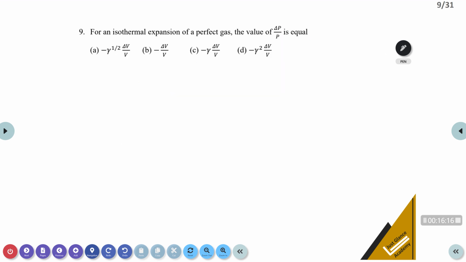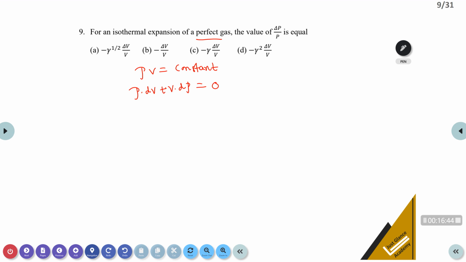Next. For an isothermal expansion of a perfect gas, the value of delta P by P is equal to what? Isothermal means PV equals constant. Then differentiate: P dV plus V dP equals 0.